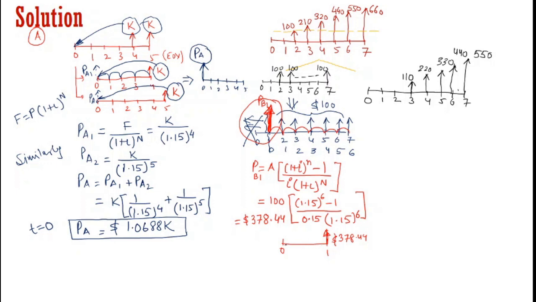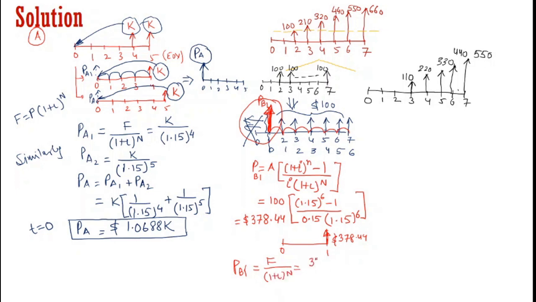Now if I just look at this series, this is a single transaction type of series. F is known. I can find out what will be the value of P. So if I call this PB1 dash, it will be equal to F upon (1 plus i) to the power n.